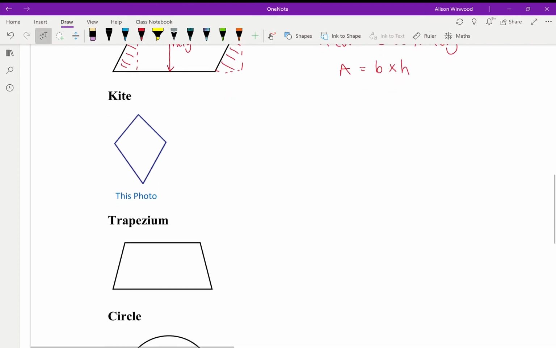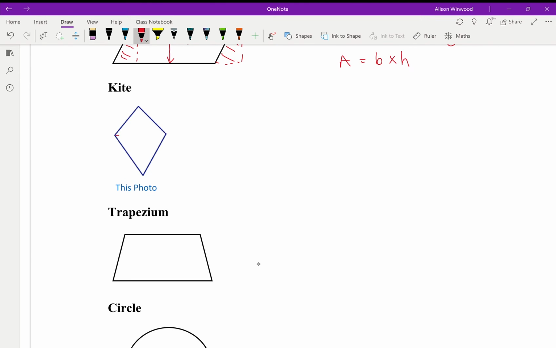To find the area of a kite, we can do a similar trick if we split it into triangles. If we remove this triangle and reassign it here, and we remove this triangle and reassign it here, we end up with a rectangle which has a total height of one of the diagonals and a width of half of the other diagonal.